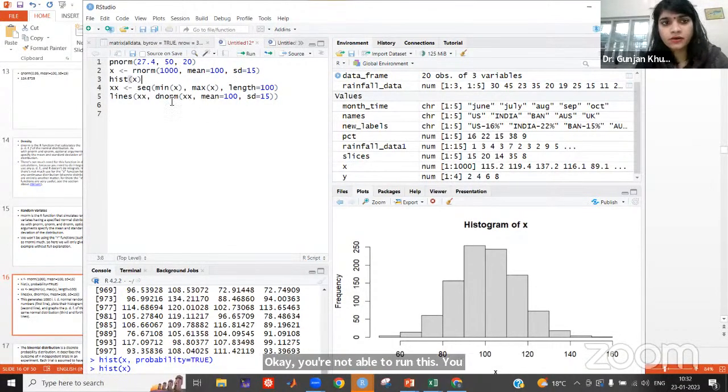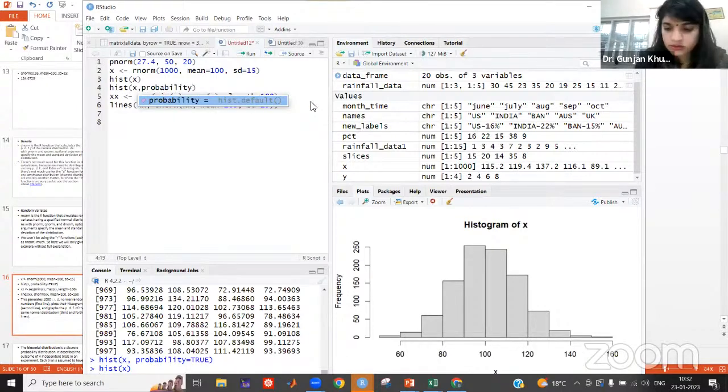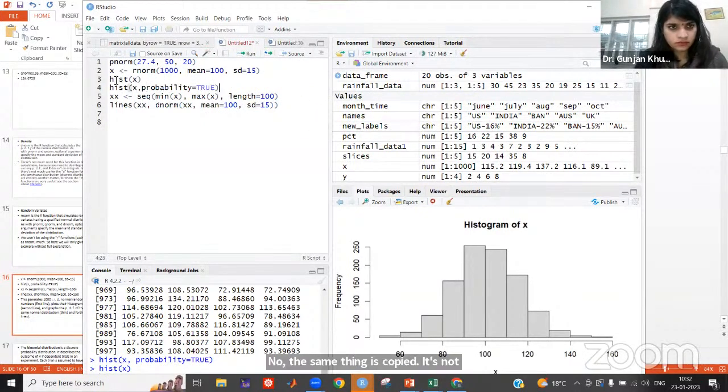You just carry out hist(x). Don't write probability equal to TRUE. Now also the same thing is copied. It's not running. hist(x) is coming in the console.